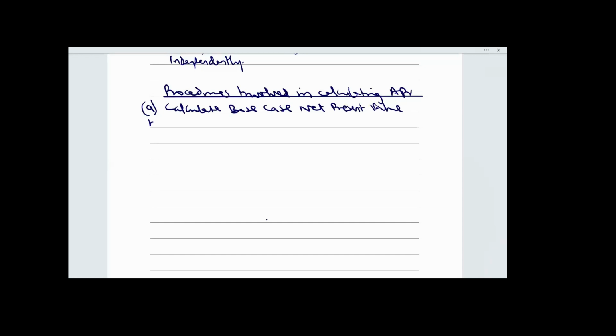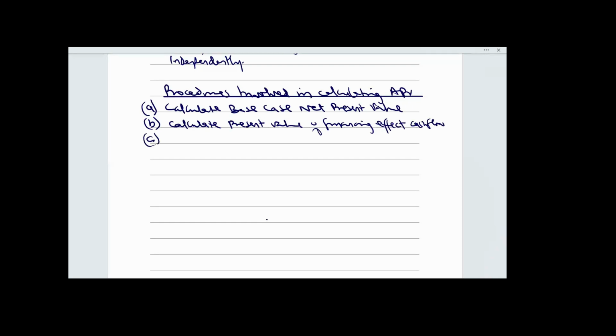Okay. Then B, calculate present value of financing effect cash flow. Present value of financing effects cash flow.